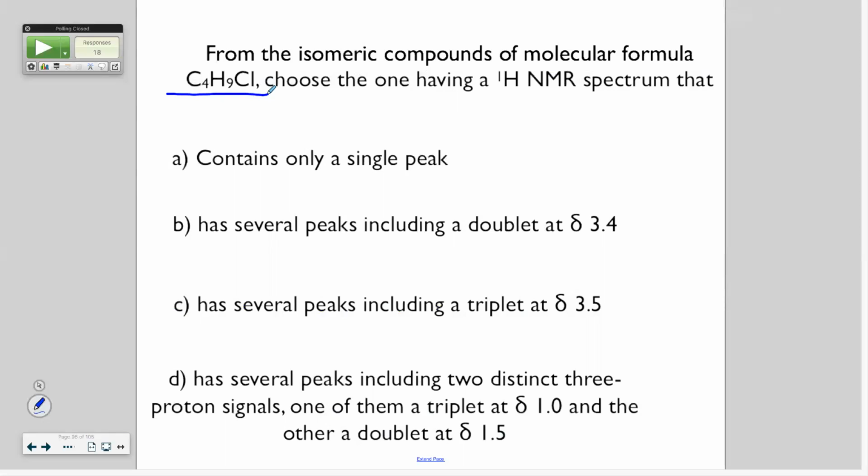Okay, so do we have a structure that fits C4H9Cl yet? What did you write? What are you going to do?